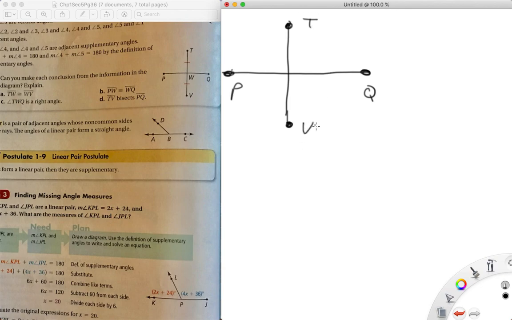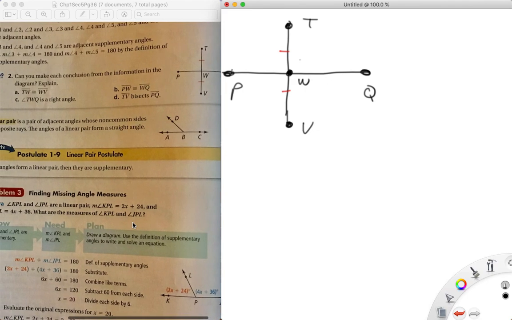We have segment TV, and we have segment PQ, and they intersect each other at point W. And they want to know if I can make certain conclusions. The first conclusion is, can I say that segment TW is congruent to segment WV? So TW is right here in the top, and WV is down here.